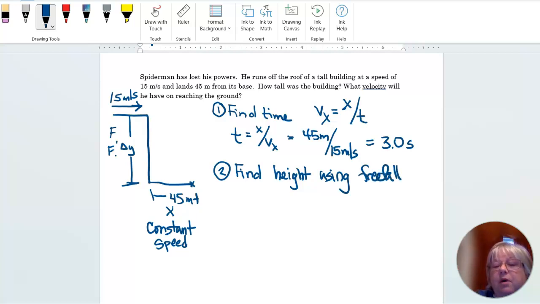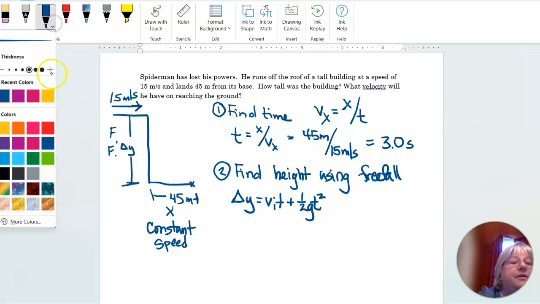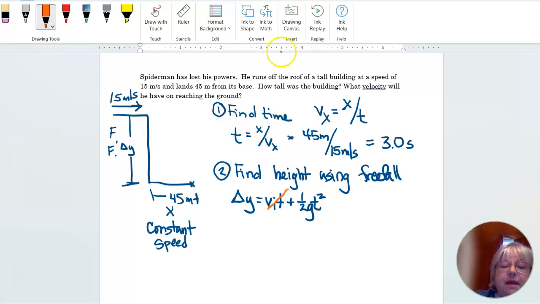And since what I'm looking for is a distance, I'm going to use this equation. Since we're talking about a horizontal release, that means there is no initial y velocity, so that Vi drops out.